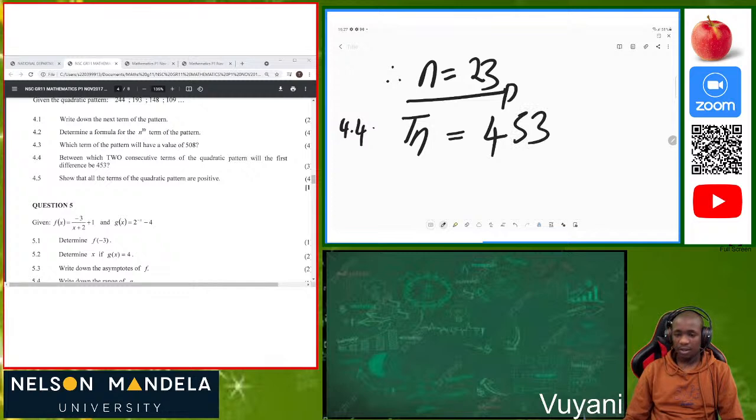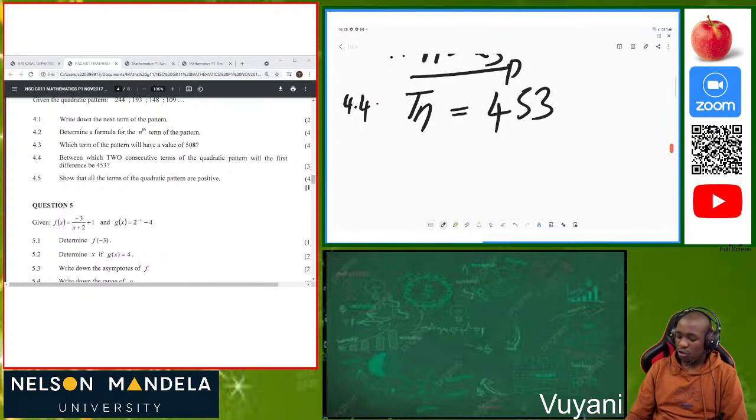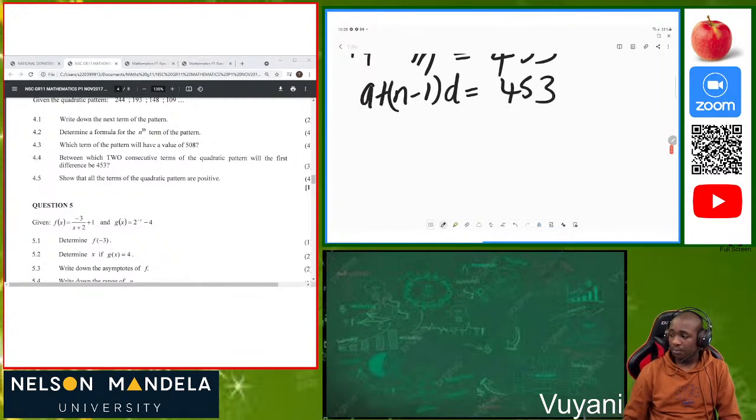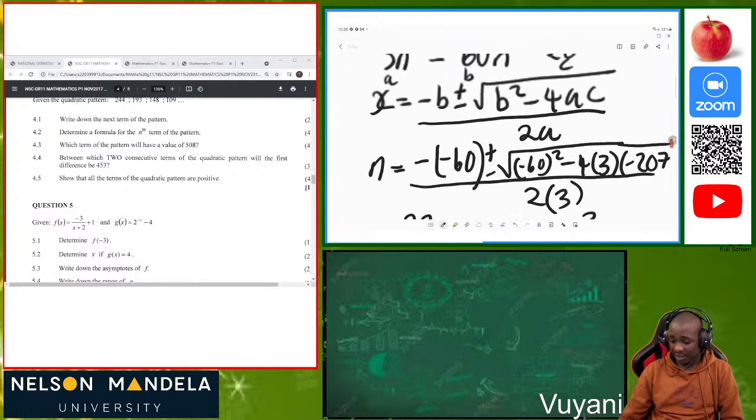Now, the first difference, your mind has to say, the first difference is an arithmetic pattern, or an arithmetic sequence. So the formula of an arithmetic sequence is a plus n minus 1 times d is equal to 453. What is our a? It's negative 51, because we said the first difference.